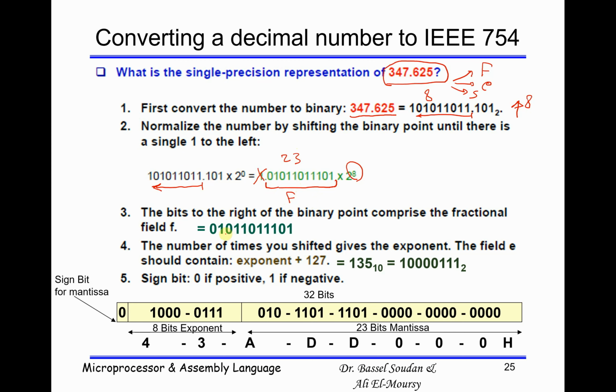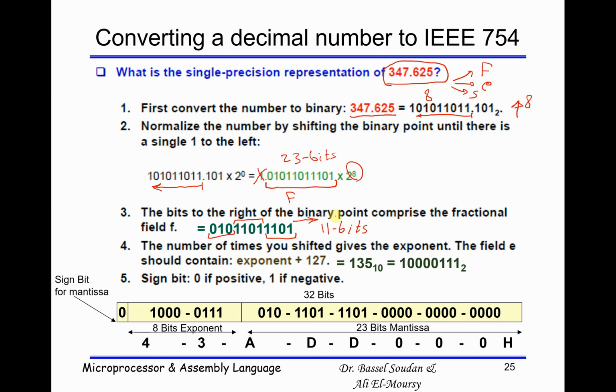Remember that I have here how many bits? If you count them, you have 3 of them here, you have 4 here, you have 4 here, so you have 4 plus 4 is 8 plus 3 is actually 11. So you have 11 bits. Those 11 bits should be stored in 23 bits. Okay, in order to store the 11 bits in 23 bits, I have to zero extend them to the right.